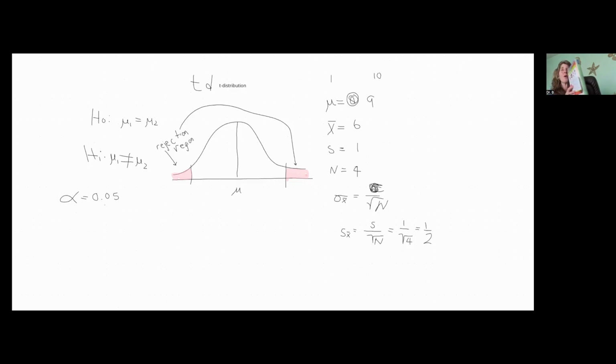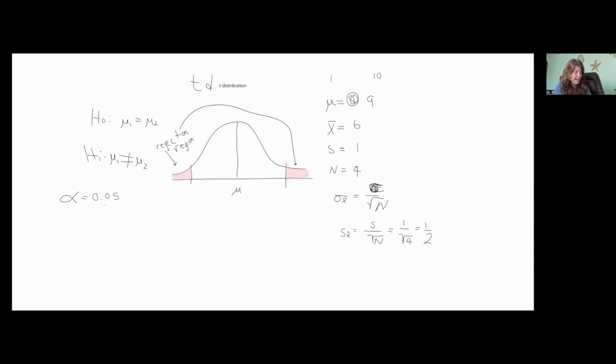So we're going to go to our handy dandy book. And this time, you're going to Appendix C, all the way in the back of the book. The last time we went to Appendix C, we looked at the standard normal table, when we were finding the probability of where something fell on a standard normal distribution.